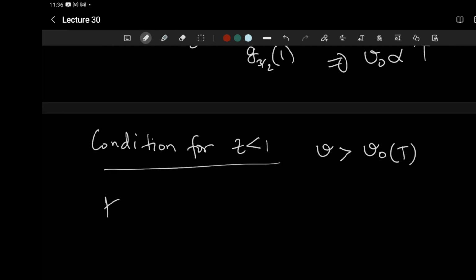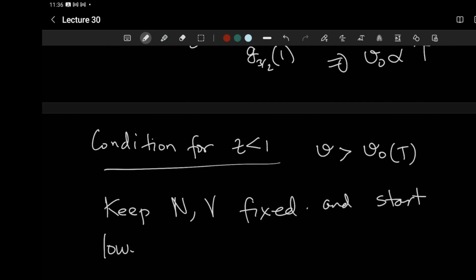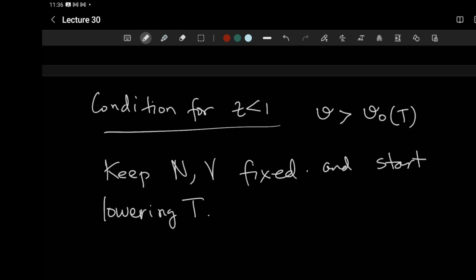Okay, so we keep N, V fixed, and start lowering T. So what is going to happen to V naught? Will it increase or decrease? It will increase.